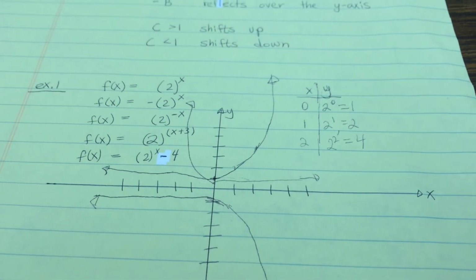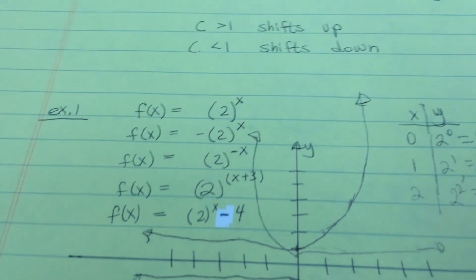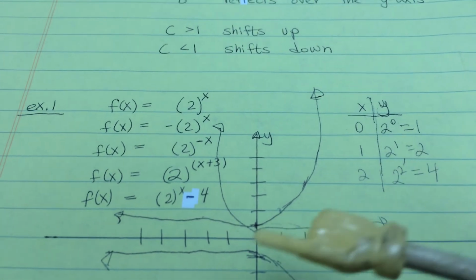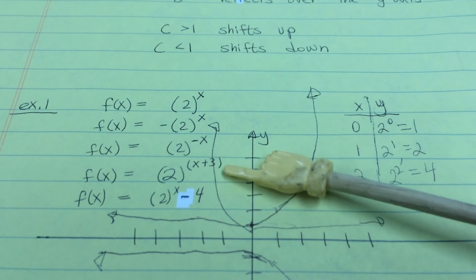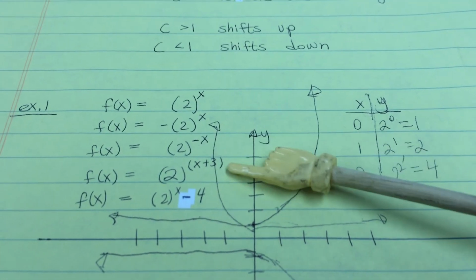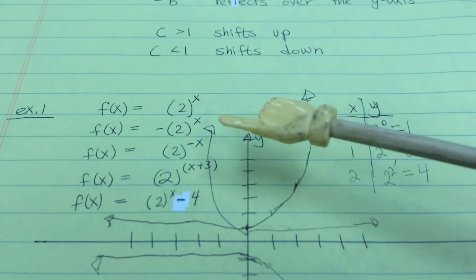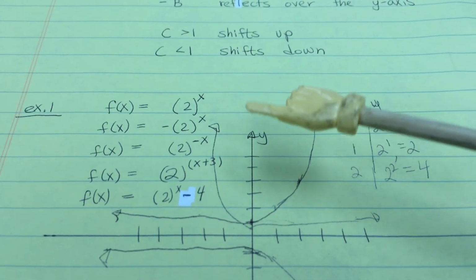Okay? The next one we have is 2 to the x plus 3. We said that if it's a plus 3, we set that equal to 0. So that's kind of like 2 to the x, and then we have x equals negative 3, right?